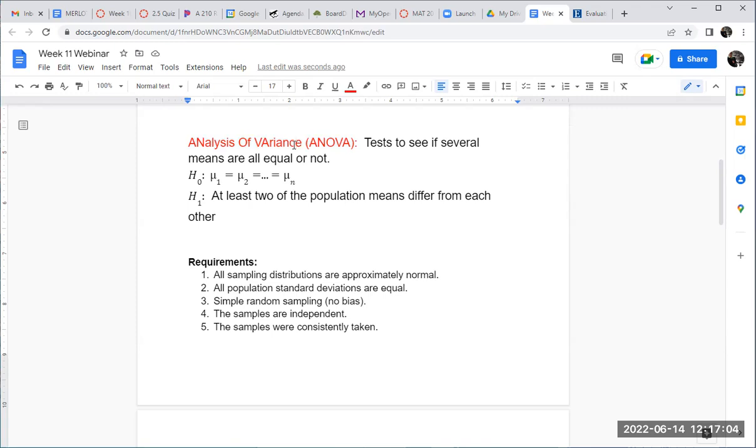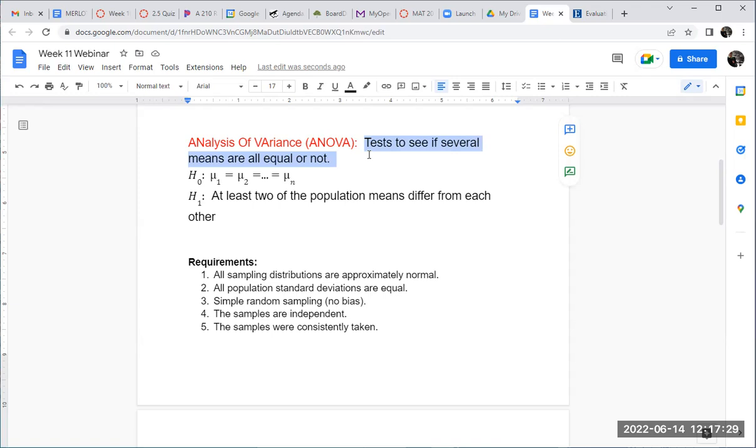Some statistics committee probably 100 years ago named it. And I don't think they did a good job, but we got to deal with it. So it's called analysis of variance, but it's not about looking at variances. It's about looking at means. And what it does is it tests to see if several means are equal or not.